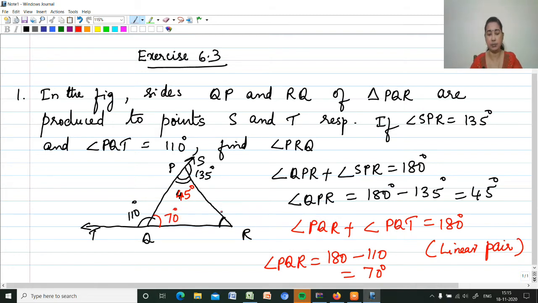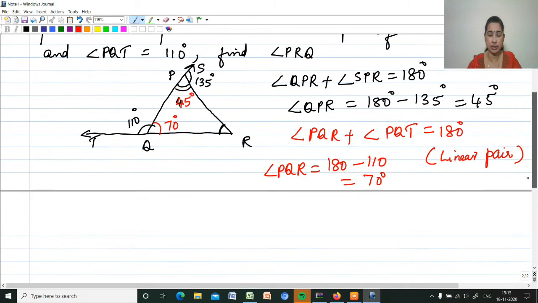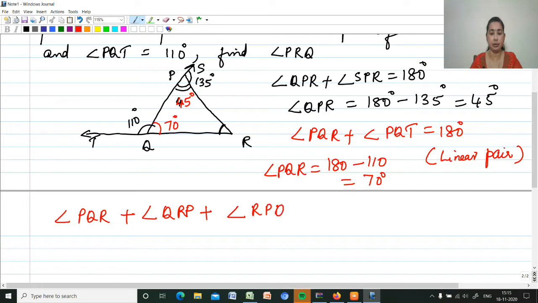Now how to find PRQ? The total sum of the angles of a triangle is 180, the angle sum property of a triangle. So we can write angle PQR plus angle QRP plus angle RPQ is equal to 180, and we have to find angle PRQ, or QRP.